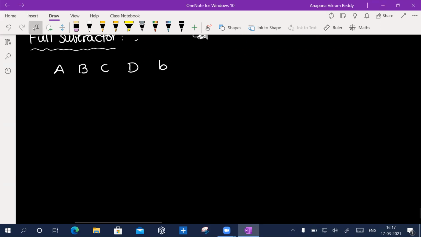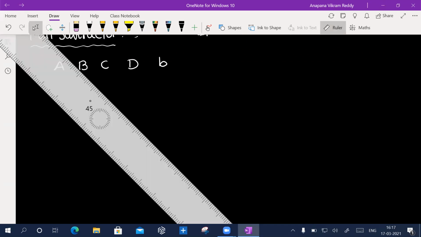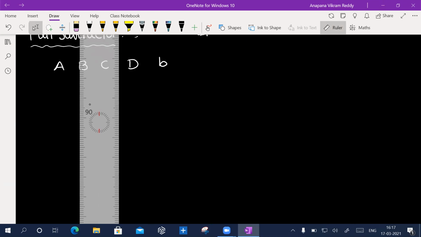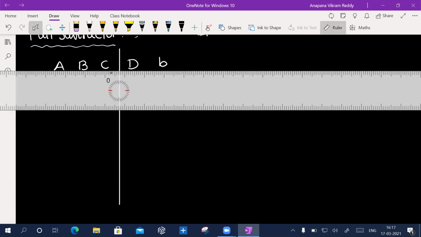So A, B, C, D, B. Drawing vertical and horizontal lines is difficult, so I'll make use of this.